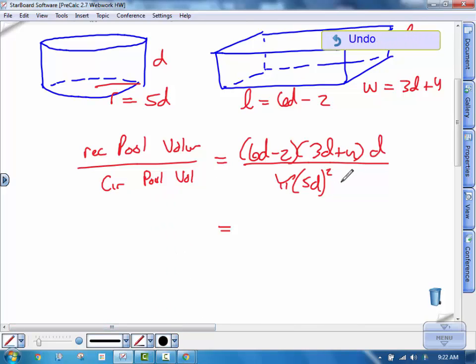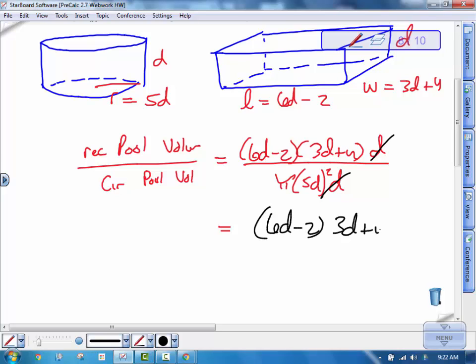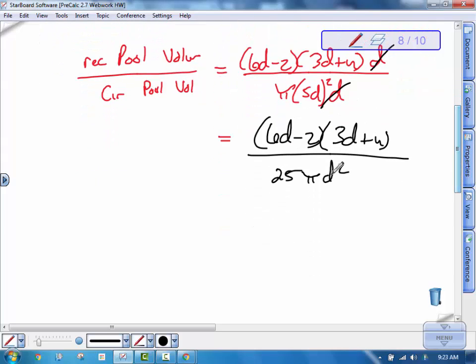Let me write that back up here. All right, those D's will cancel. Let's see, if I simplify this a little bit, 6D minus 2 times 3D plus 4 all over 5 squared is 25, so I have 25 pi times D squared. Yeah, I don't know if it's going to simplify a lot more.